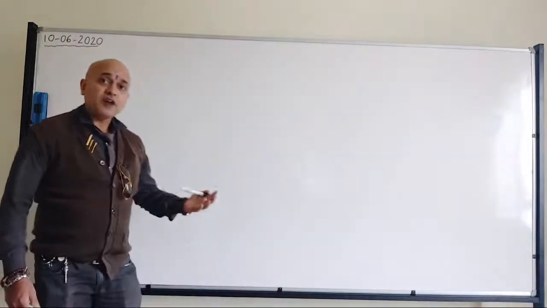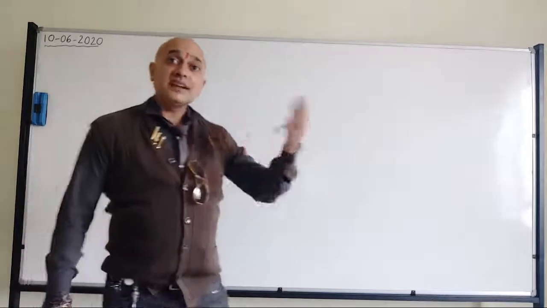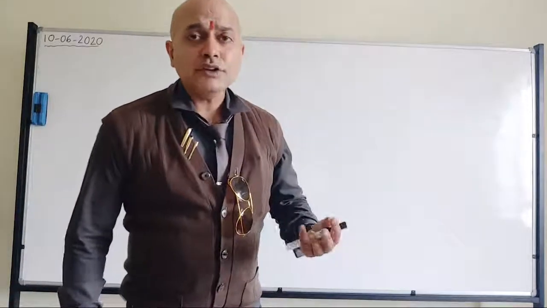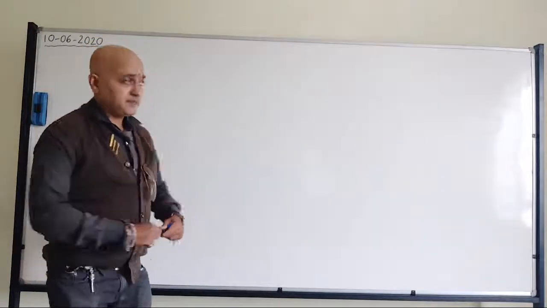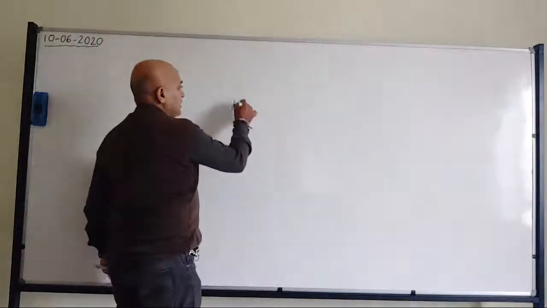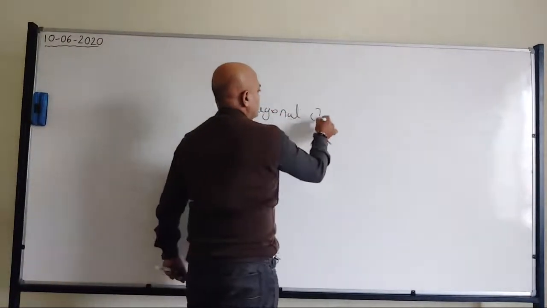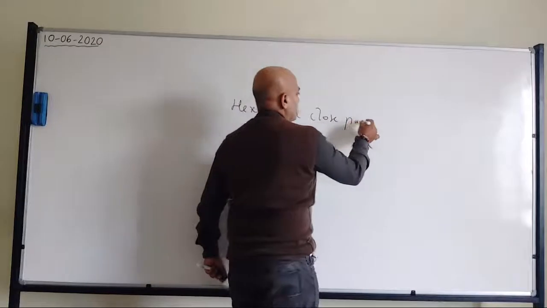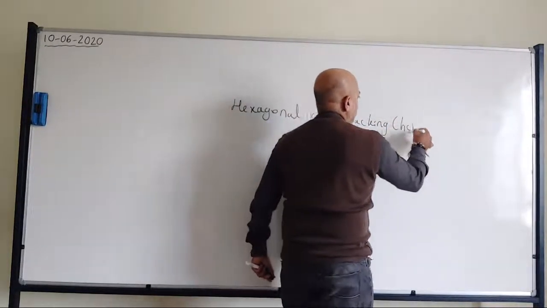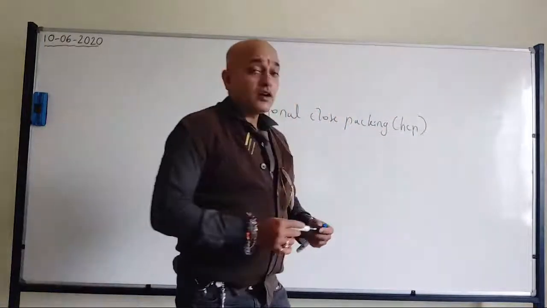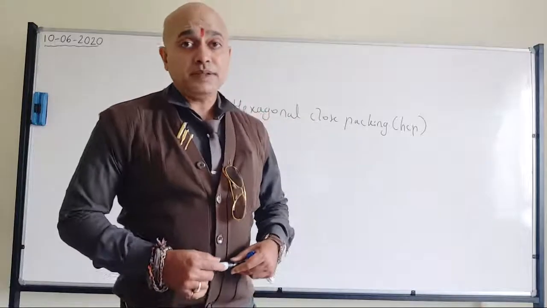Same way, if I talk about the third row, placing the element in the third row, in that case we can have different types of packing. One is called hexagonal close packing. Short form is HCP.